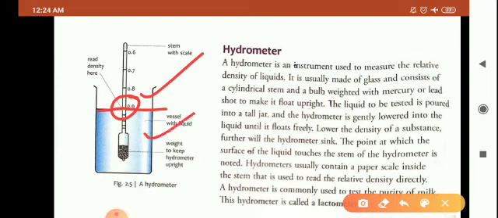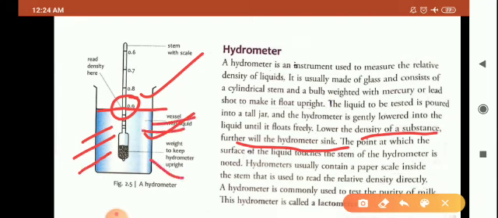Now one more line is given here: the lower the density of the liquid, the further the hydrometer will sink. Yes or no, children? If the density of this liquid is less as compared to the hydrometer, what will happen? This hydrometer will sink further in this liquid.